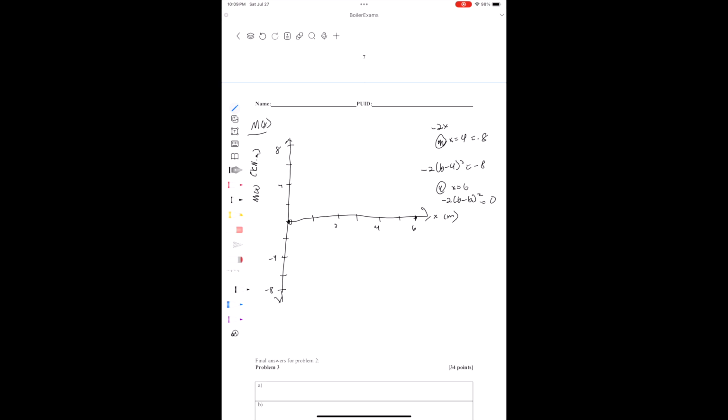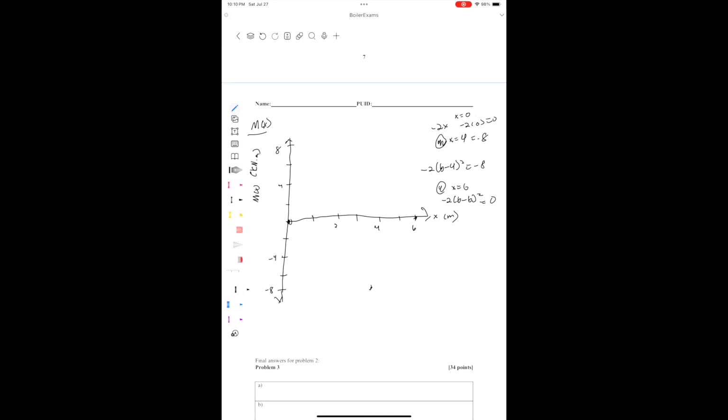So it starts at 0 and it ends at 0, and at 4, it's going to be negative 8. I suppose I should say at x equals 0, it equals 0.